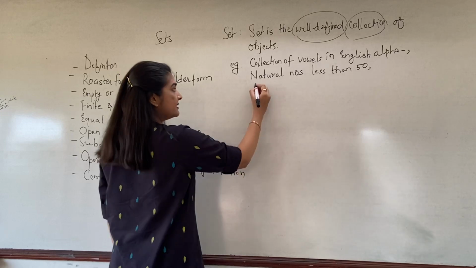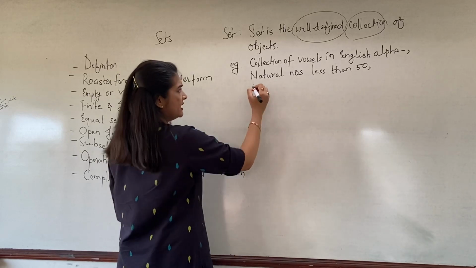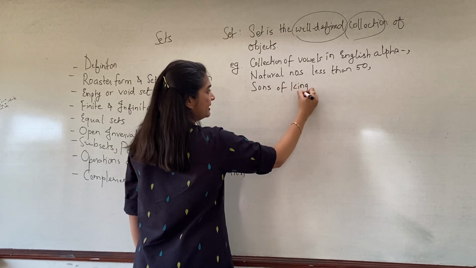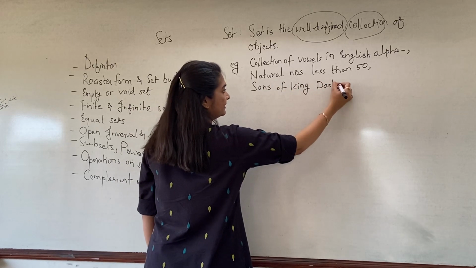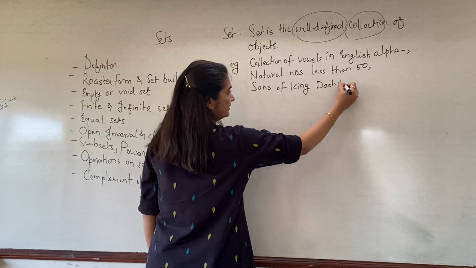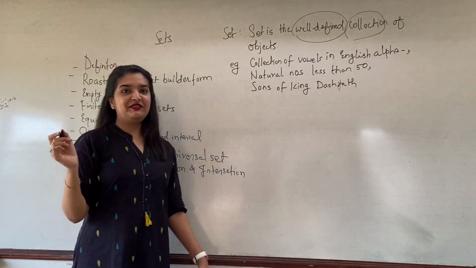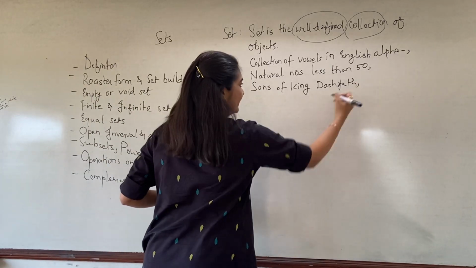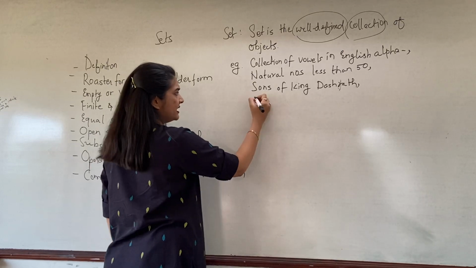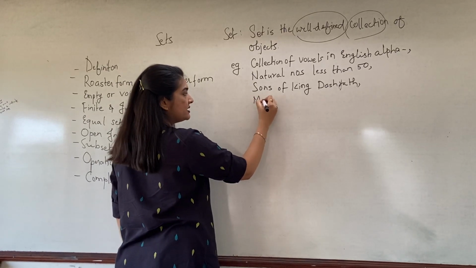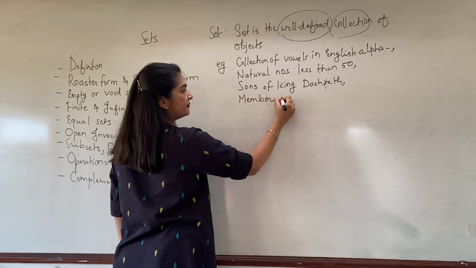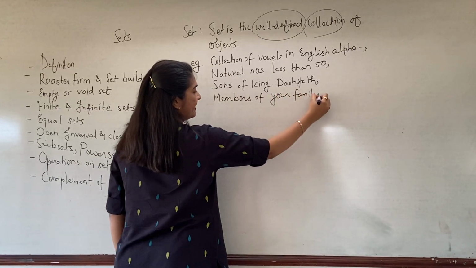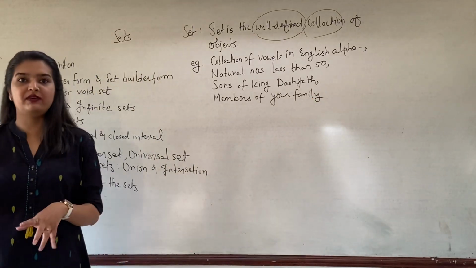Third example is you can take sons of King Dashrath, as Ramayana is very much popular nowadays. So sons of King Dashrath. And the last one is, you can take next example as members of your family. Let us check these examples one by one.